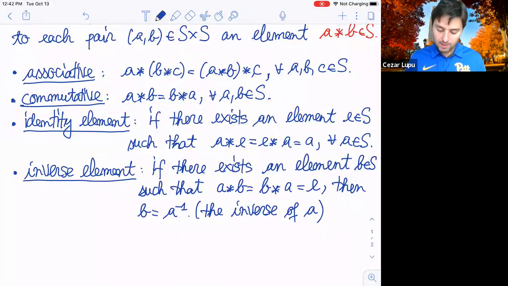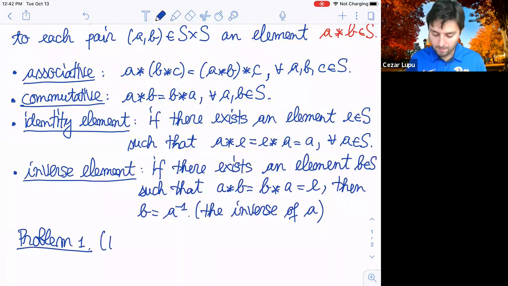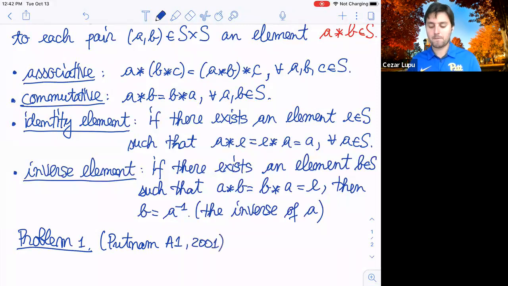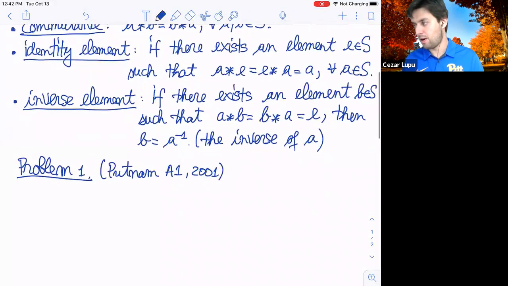And now I'm going to give you an example, and this was a problem. In fact, this was problem 1, Putnam A1 back in 2001. And the problem says the following.